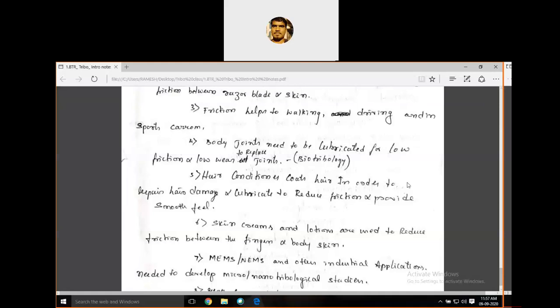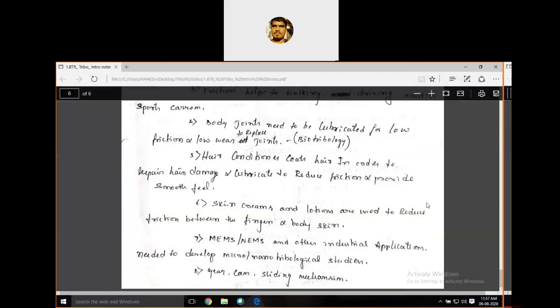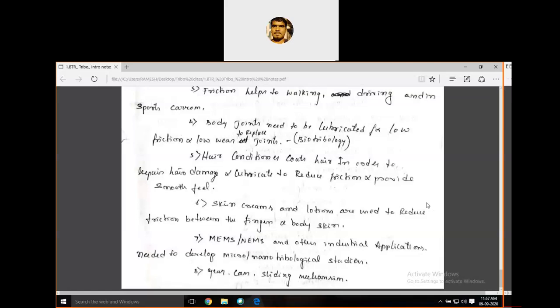So whatever hair oil or hair conditioner you are using, it's a lubricant. Next, skin creams, what you apply on your face and skin in the parlor, are also a type of lubrication. Lotions or creams are used first to avoid friction, and also to protect from the sun.